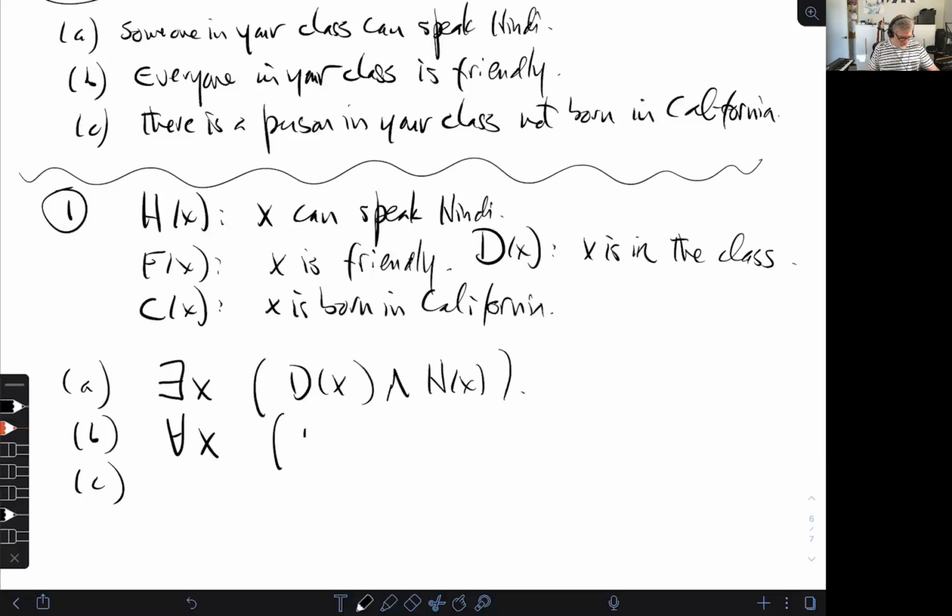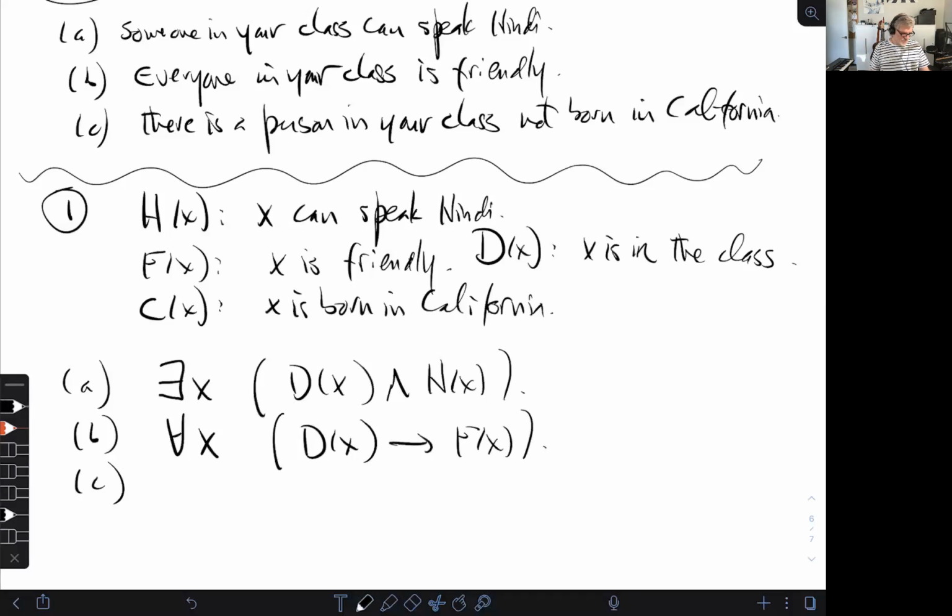So it says that if somebody is in the class, anybody, then they are friendly. So for every X, if X is in the class, then X is friendly. So everybody in the class is friendly. That's how you write this if you have a restricted domain for your quantification. That's exactly how you do it.